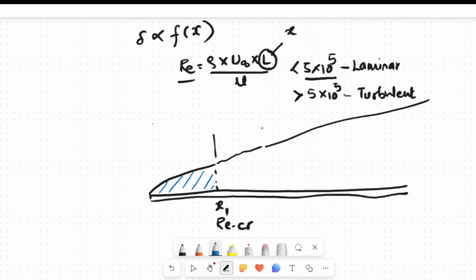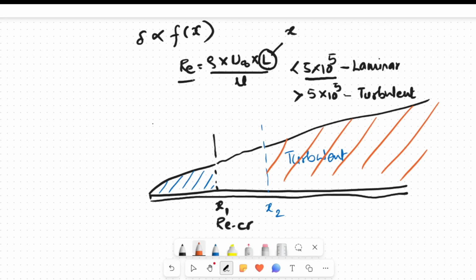After this, up to a certain value of x2, the flow will be the transition region. It will be converting into turbulent region. And after the value of x2, the flow will be turbulent flow. So here the flow will be turbulent flow.